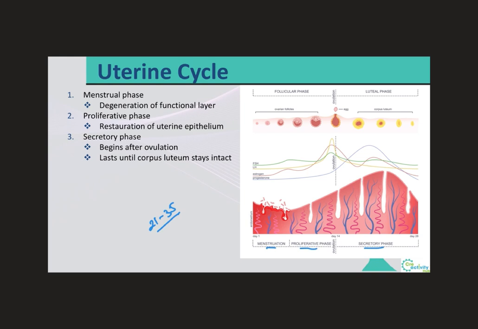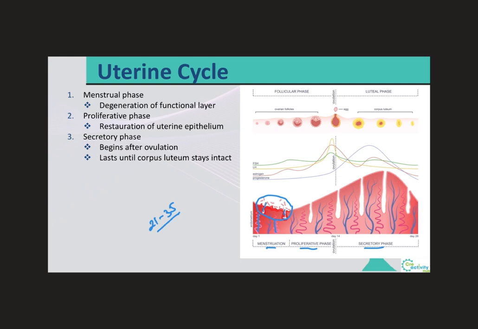The uterine cycle begins with the onset of the menstrual phase, which is an interval that's marked by the degeneration of the functional layer of the endometrium. So the arteries that are nourishing the functional layer of the endometrium begin to constrict, which weakens the arterial walls and reduces blood flow. And as a result of this, the secretory glands in the tissues of the functional layer begin to die.